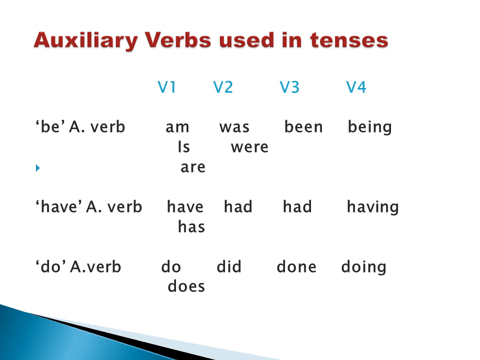Let us go through the be auxiliary verb. The present tense of be auxiliary verb are am, is, are. The past tense is was, were. Past participle been, and present participle being.